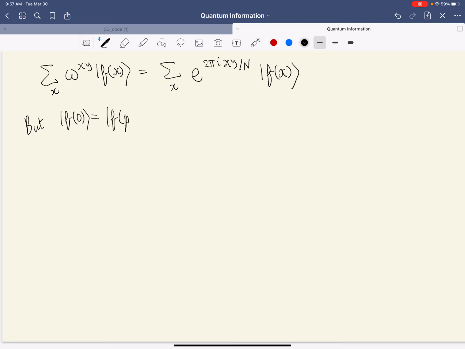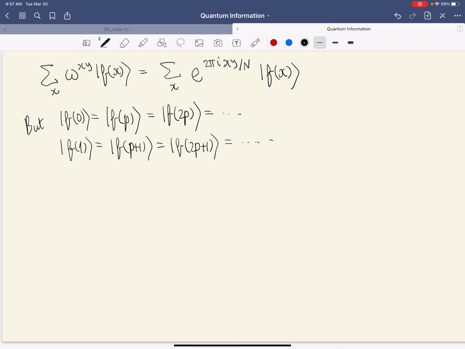What that means is that f of 0 equals f of p equals f of 2p, etc., and f of 1 equals f of p plus 1 equals f of 2p plus 1, etc. Now what that means is that this summation can be organized in this fashion.